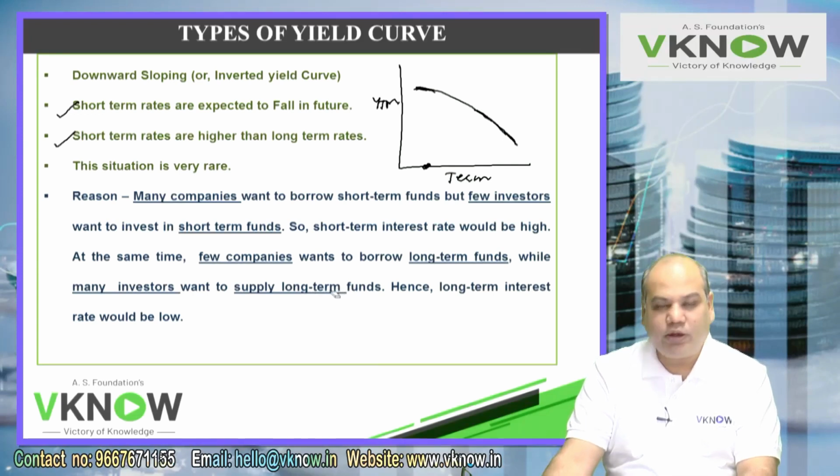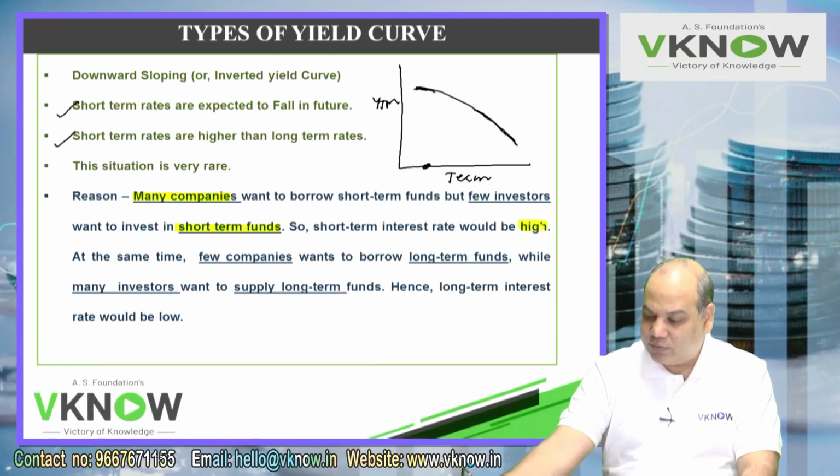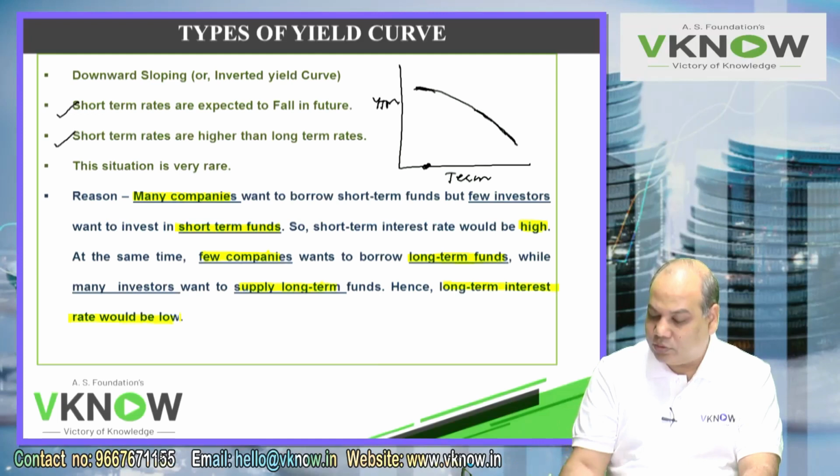Hence, long-term interest rate would be low. So again, a matter of demand and supply: in the short run demand is more than the supply, so interest rate is high. In the long run, demand is lower than the supply, therefore interest rate is low.